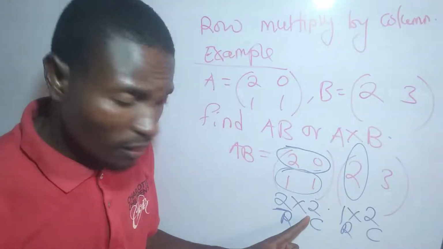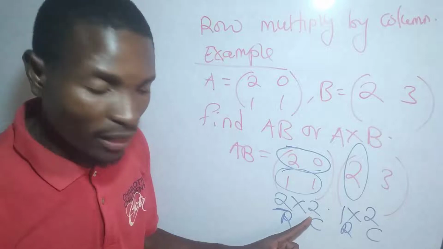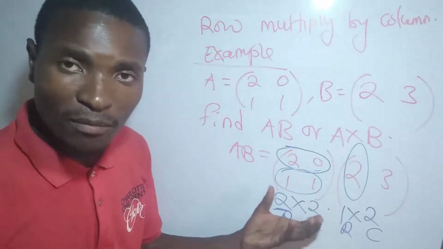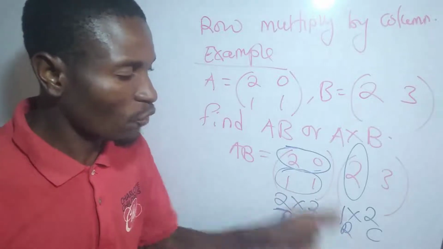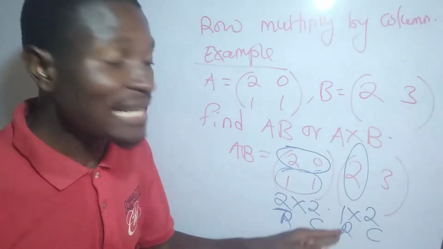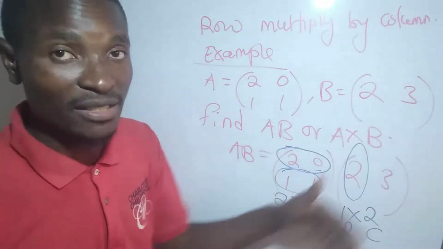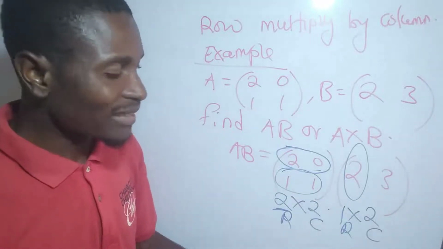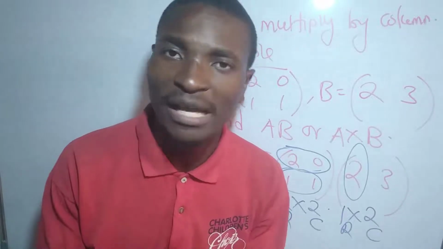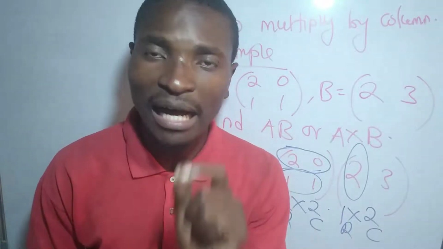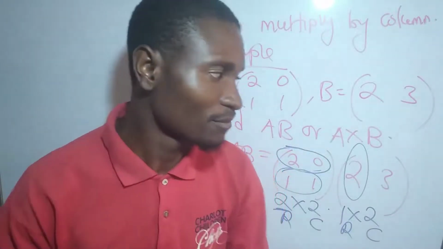If the number of columns in the first matrix is not equal to the number of rows in the second matrix that you are multiplying with, then just know that these matrices cannot be multiplied together and the product is undefined.